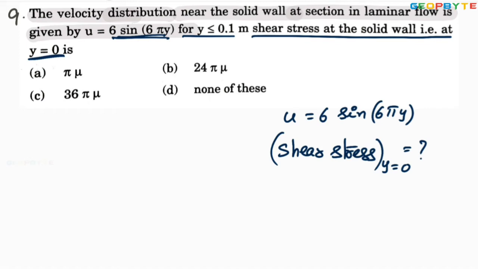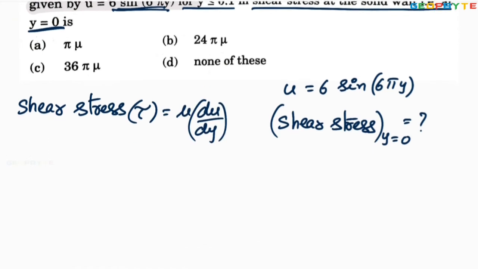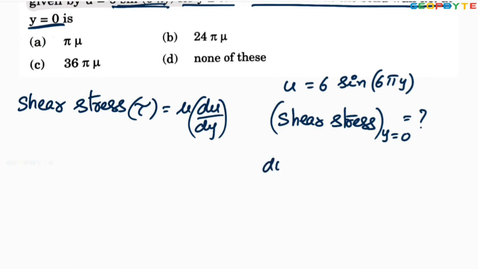Now the shear stress formula: shear stress tau equal to mu into du by dy. Let us find the du by dy first. It is equal to d by dy into 6 into sine 6 pi y.